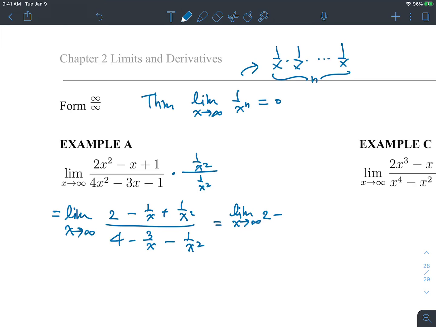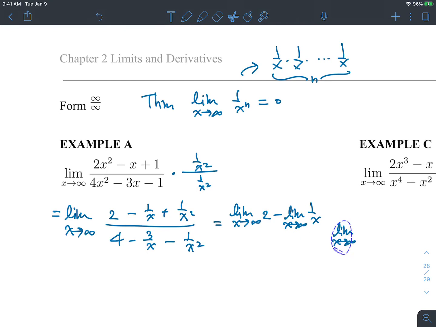Minus 2. So using the limit law, you could distribute, quote unquote distribute, this top and bottom, and then you could distribute it across the plus and minus signs. And then you do the limit as x goes to infinity of 1 over x. Getting kind of lazy now, so I'm just going to copy and paste that.